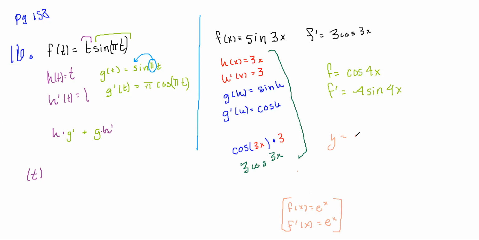So if I were to give you y is equal to e to the 123x, then y prime is going to be equal to 123 e to the 123x. It's the same principle as this cos thing.